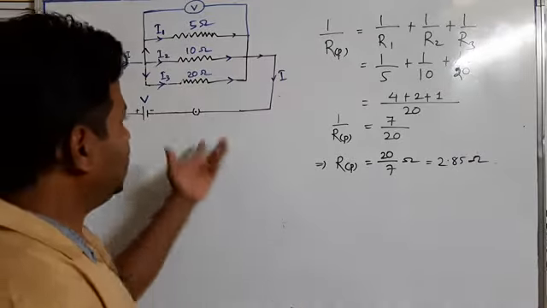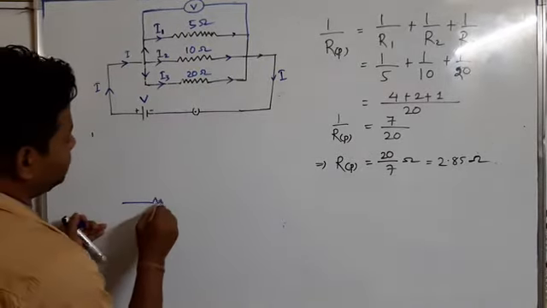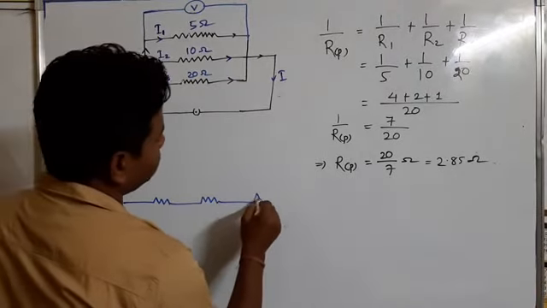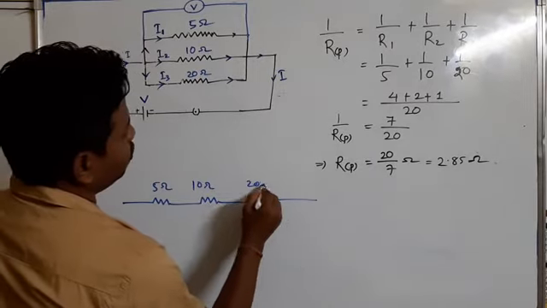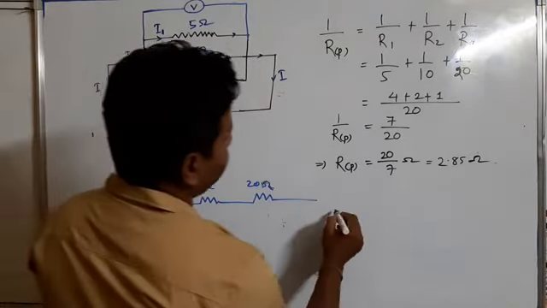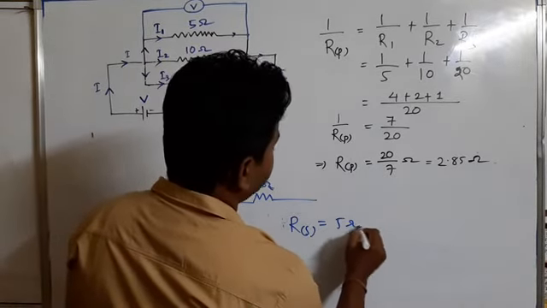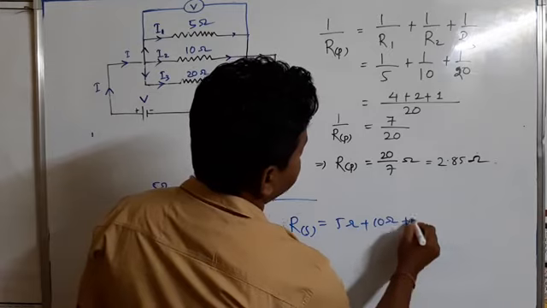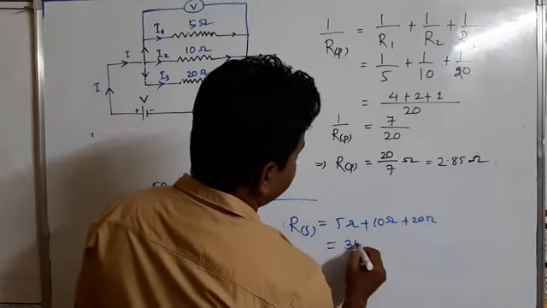But if we make the same three resistors, 5 ohm, 10 ohm and 20 ohm, in series connection, then Rs will be equal to 5 ohm plus 10 ohm plus 20 ohm, which becomes 35 ohm.